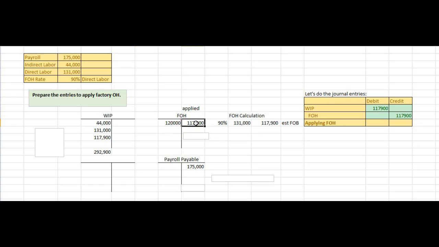You'd find out this is what I have in my work in process, but this is how much I've really spent in factory overhead. So I'm going to have to get this to 0 at the end of the period. So the difference between this and this is going to be recorded into cost of goods sold, because that's where it ends up.